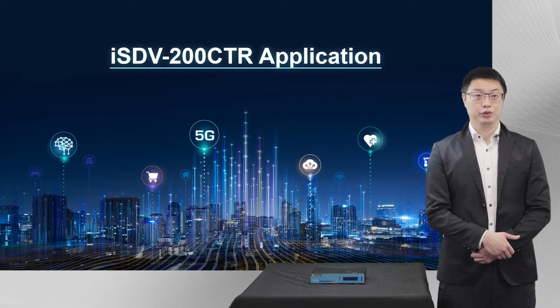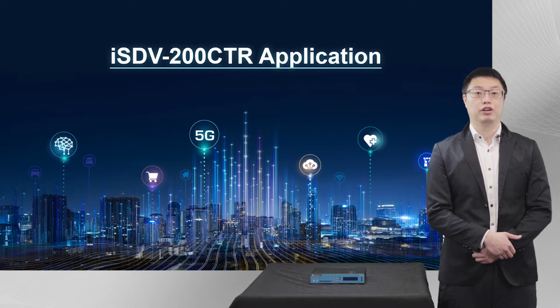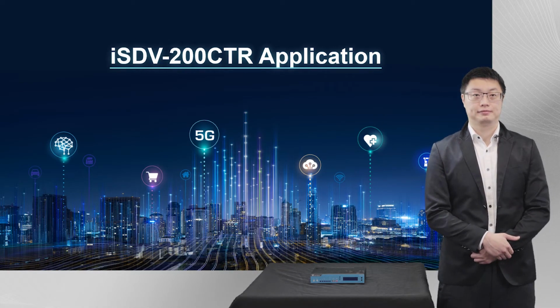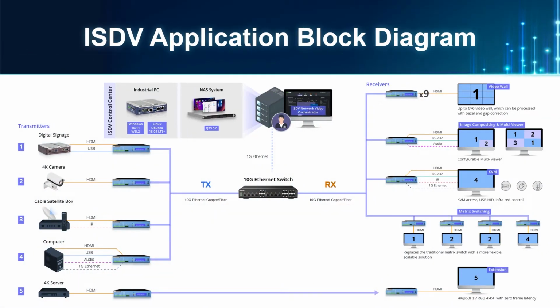Now let me introduce the application of the ISDV 200CTR for different vertical markets. ISDV transceivers can be configured and reconfigured as transmitter, receiver, or transceivers via the ISDV software.